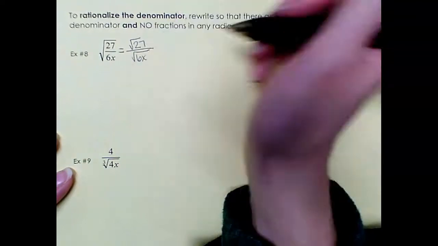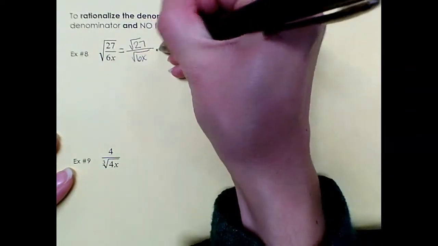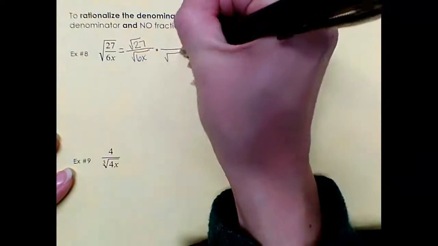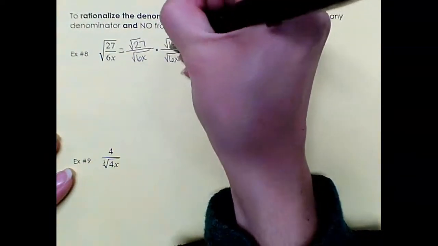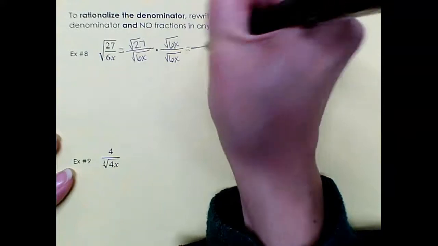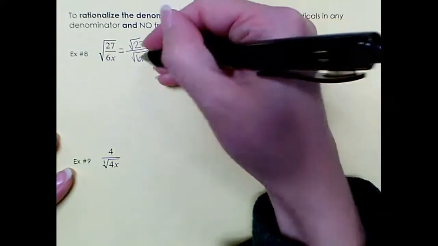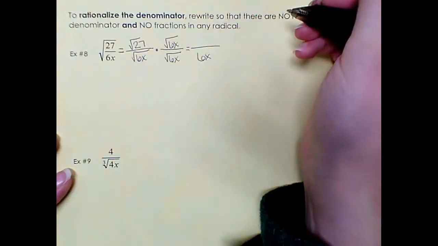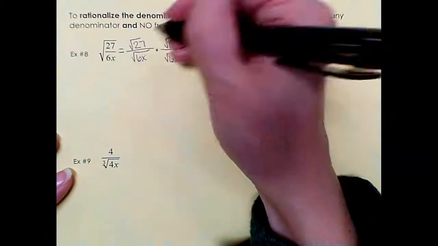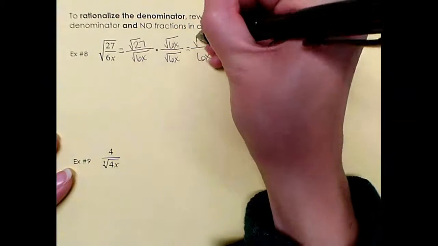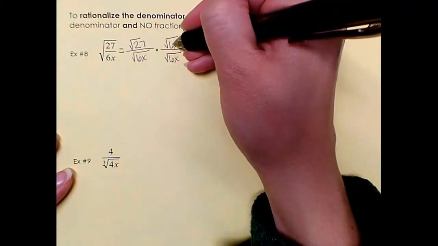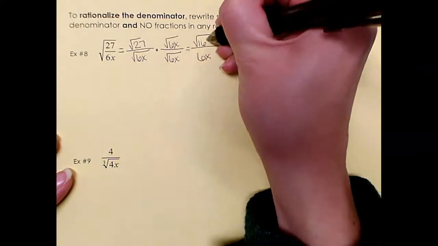I can't have a radical in the denominator though, so what do I multiply by on the top and bottom? Square root of 6x and square root of 6x. The square root of 6x times the square root of 6x is just 6x. The square root of 27 times the square root of 6x is the square root of 27 times 6x, which is 162x.